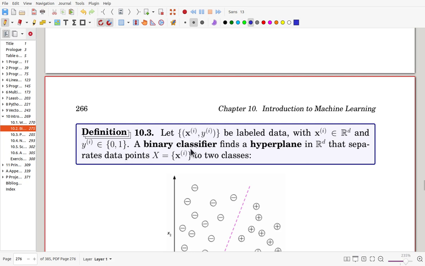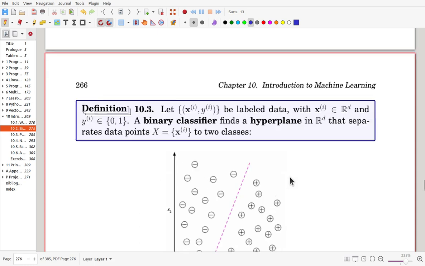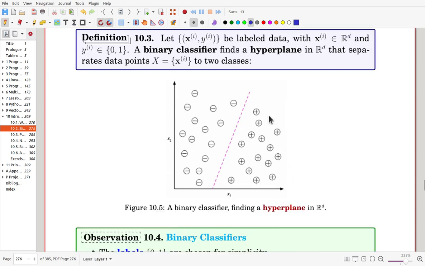A binary classifier finds a hyperplane in R^d that separates data points into two classes, as in this figure. So binary classifiers will find such a hyperplane to separate the data set into two parts.